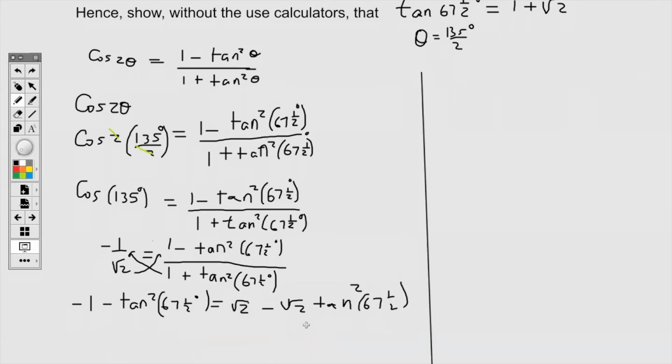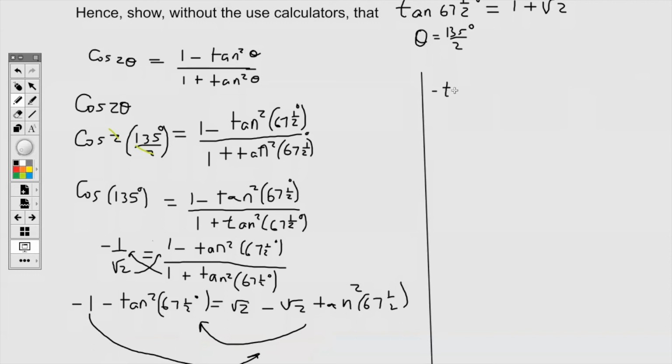Now, what I'm going to do next, I'm going to carry the minus root 2 over the equal sign, and then the minus 1 will be carried over to my right.